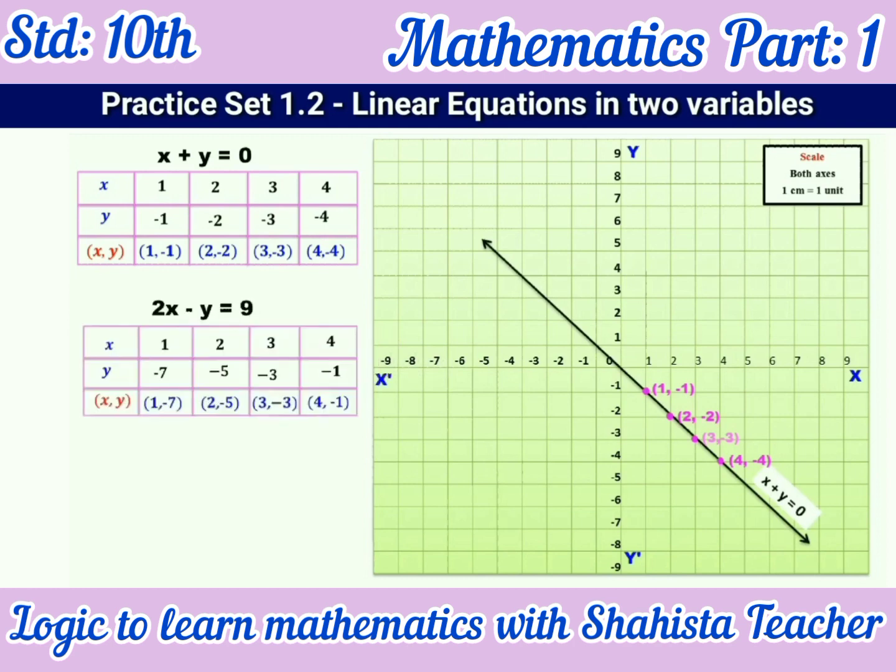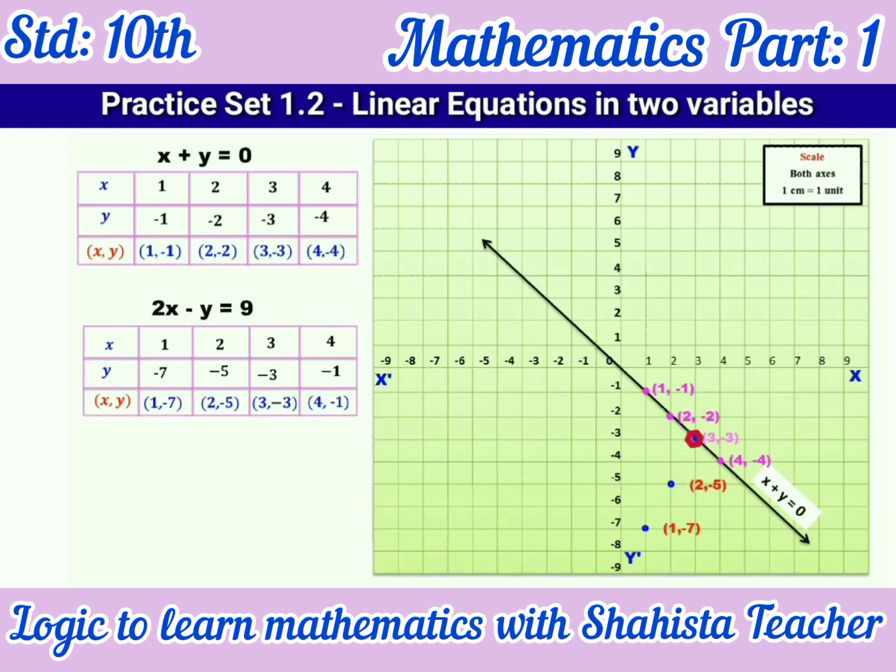Now second table, 2x minus y is equal to 9. So x is 1 and y is minus 7. See here x is 1 and y is minus 7 downward. Here 1 comma minus 7. Now here 2 comma minus 5 and here 3 comma minus 3.